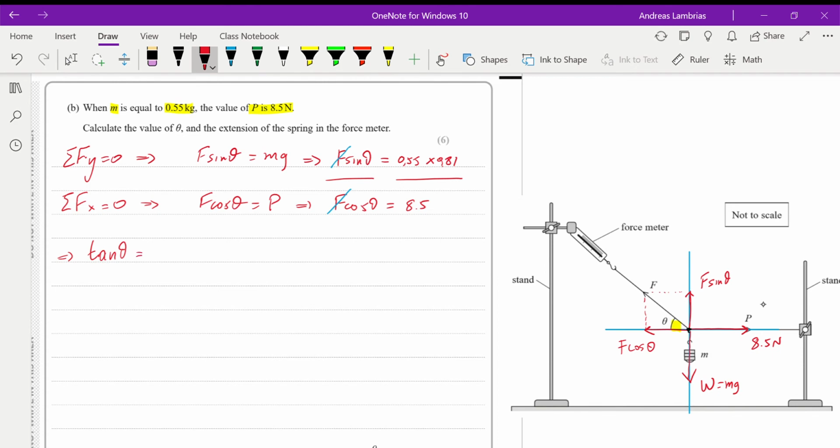So tan theta will be 0.55 times 9.81 over 8.5. Let me actually do these calculations: 0.55 times 9.81 divided by 8.5.